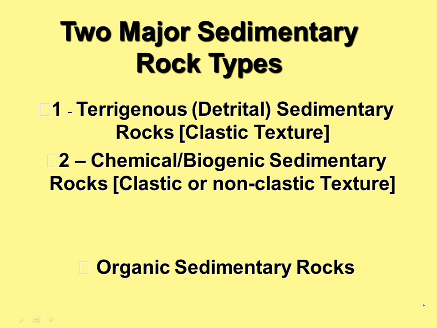But there are sedimentary rocks in this category that will exhibit a plastic texture where you can see individual fragments. And we'll see examples of that as we go through the talk today.